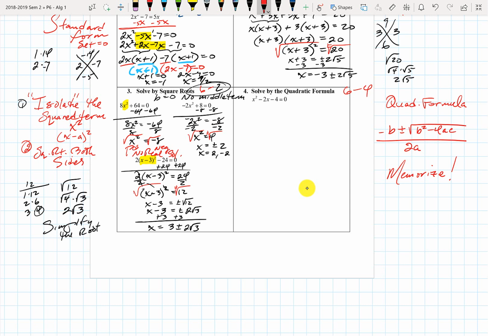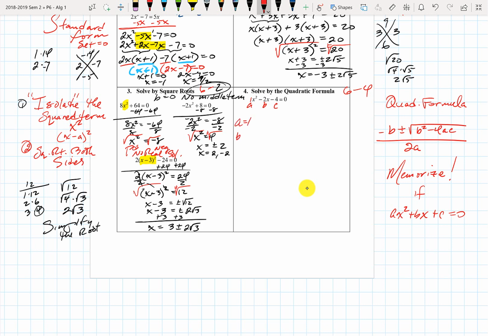Okay? So in here, and by the way, this only works if, okay, ax squared plus bx plus c equals 0. You have to set it equal to 0 first in order to use it. And hey, I was nice to you. I gave it equal to 0. So a is 1, all right, b is negative 2, and c is negative 4.